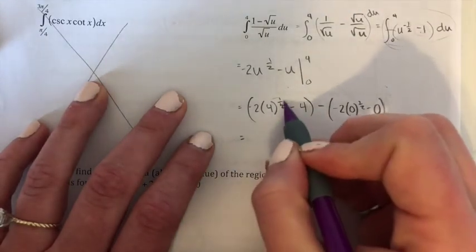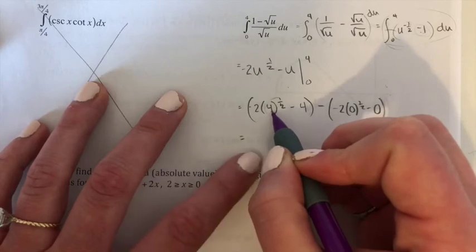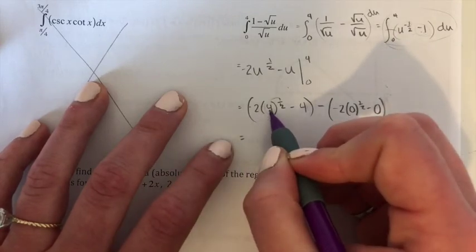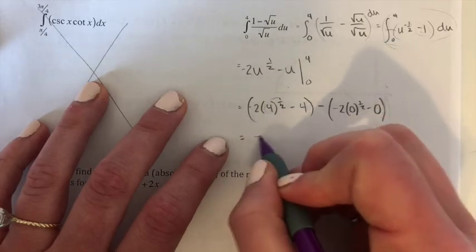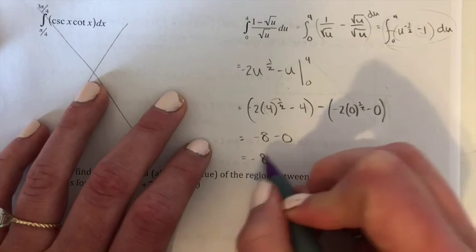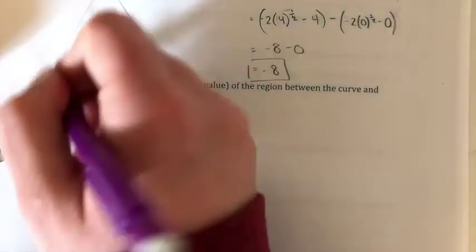But remember that 4 to the 1/2 is the same thing as a square root. So this is going to be root 4, so 2. So 2 times 2 is 4. This turns into -8. And then this whole thing is 0, so we get -8. Okay. The rest of this, you also don't need to worry about.